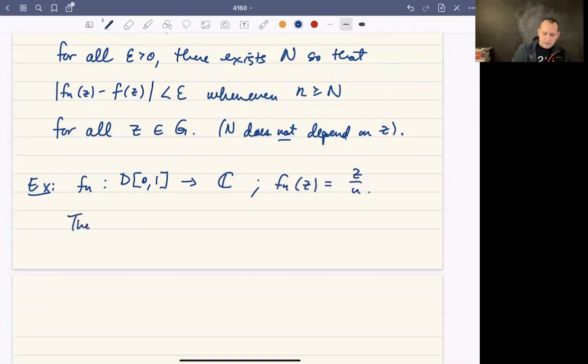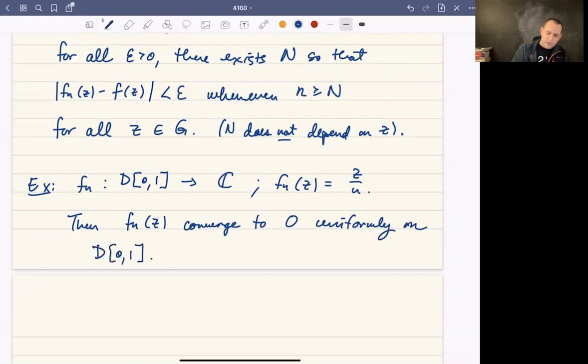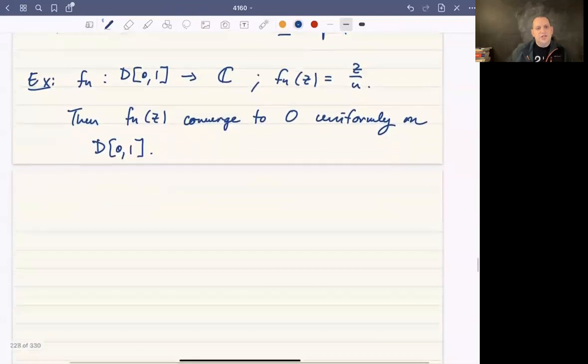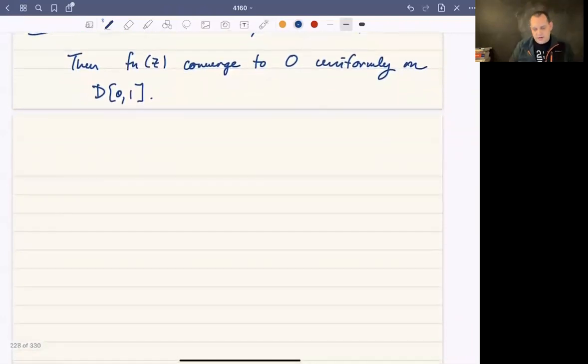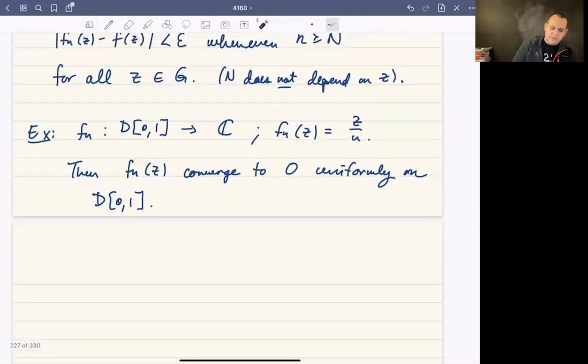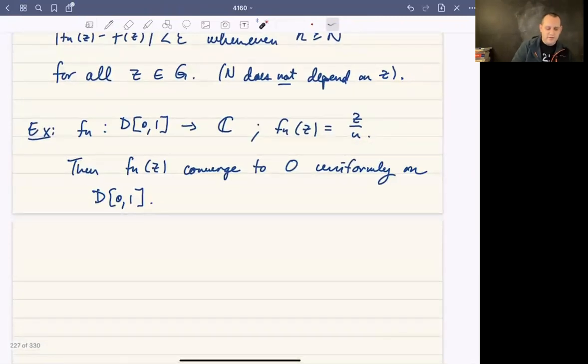And then it turns out that f sub n of z will converge to 0 uniformly, so uniformly on the open disk. Notice that changing the domain actually changed the behavior of the function. I didn't actually change what the function was itself. We just changed the domain, but that'll make a huge difference.